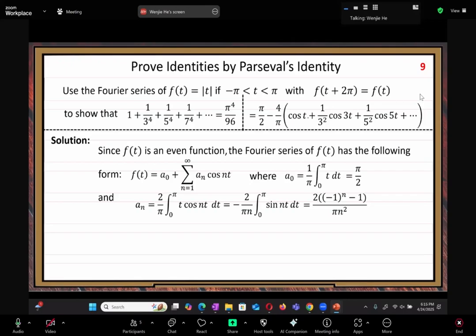And this question, I don't think you need a lot of time. If I give you a question of this type, you should not spend too much time on the calculation. The integral is not too hard to calculate.